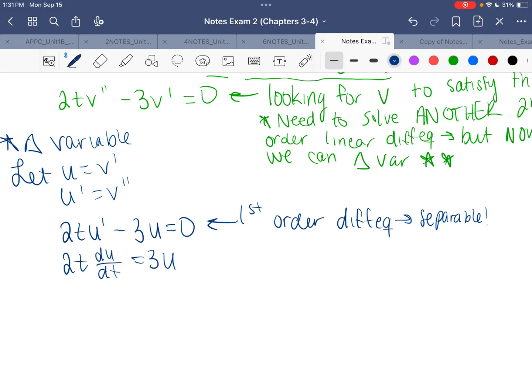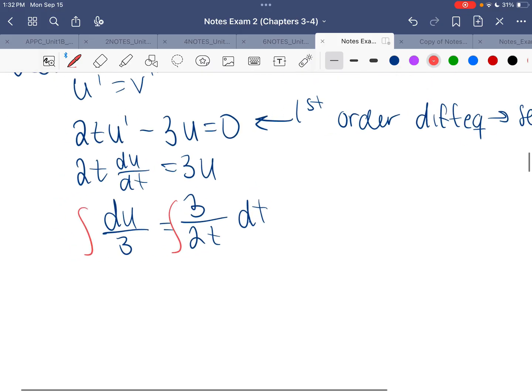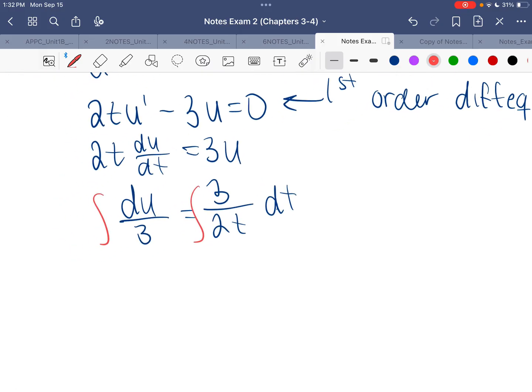So I'm going to divide by t and divide by u, multiply by dt. I also will bring the number with it too. Could have left the 2/3 on the left as well. So I was bringing the number with it.